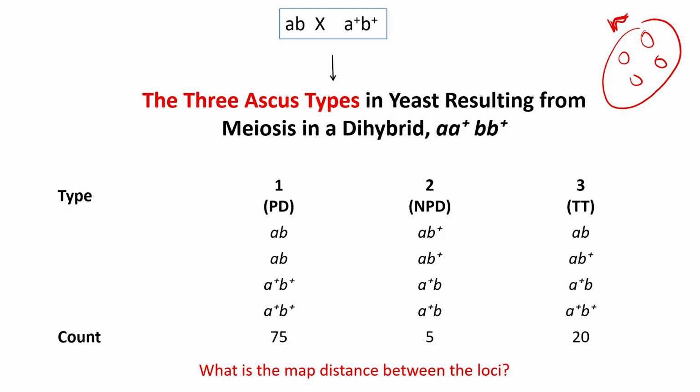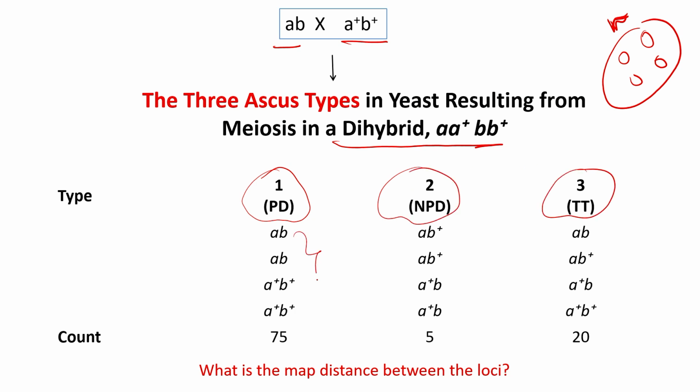So, these are the 3 ascus types that we find in yeast when we have 2 genes in question. You see, we have AB crossed with A plus B plus; what combination types are we expecting? Just do not read these names now, I will explain what these names are, just focus here.